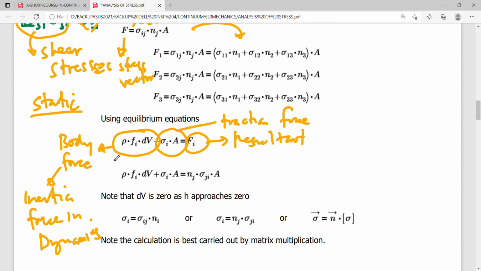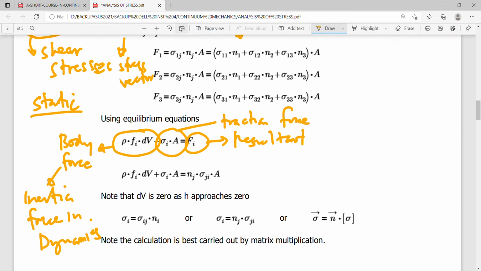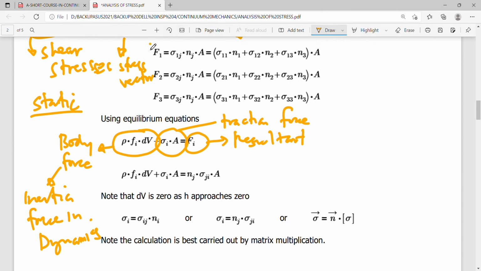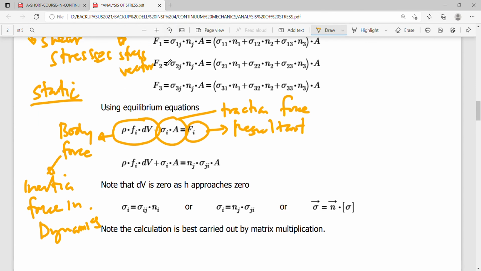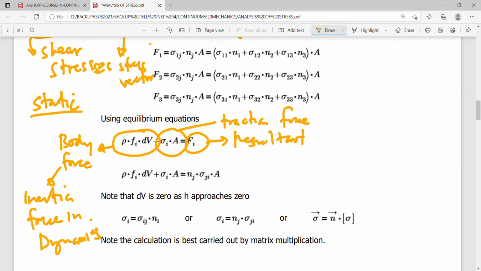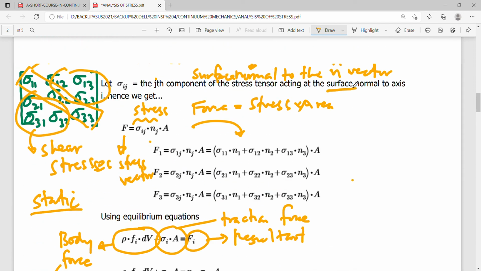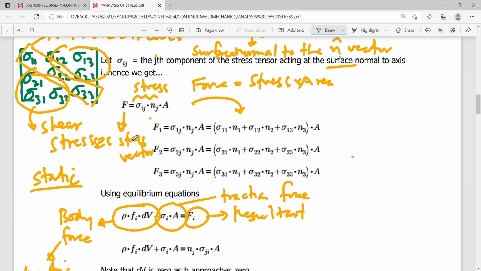Okay, so by substituting your Fi defined here with Nj sigma Ji A, I just change now the subscript since I interchange my subscript ij here to ji, I have to place your Nj in front.